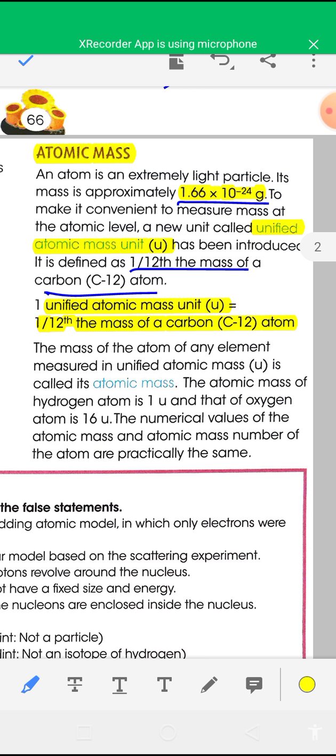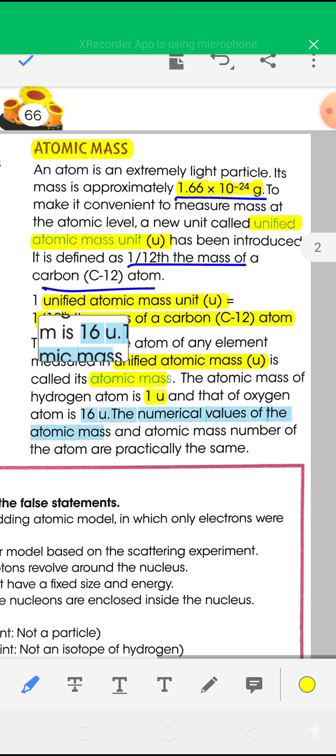So the mass of the atom of any element measured in unified atomic mass units is called atomic mass. For example, atomic mass of hydrogen is 1 U, atomic mass of oxygen is 16, atomic mass of carbon is 12, atomic mass of nitrogen is 14.